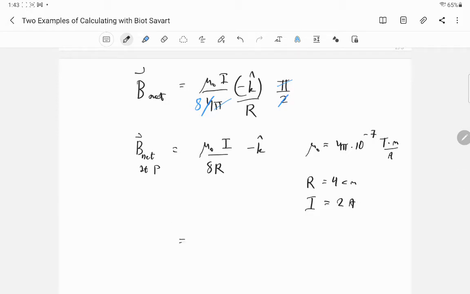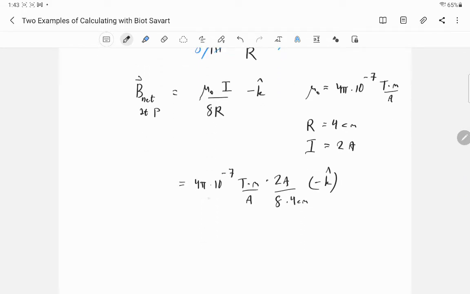So the magnetic field is, mu naught is 4 pi times 10 to the minus 7 Tesla meters per amp, and then the current is 2 amps, over 8 times R, 8 times 4 centimeters, right? So I've got everything in there, and then I multiply by the direction, negative k hat.